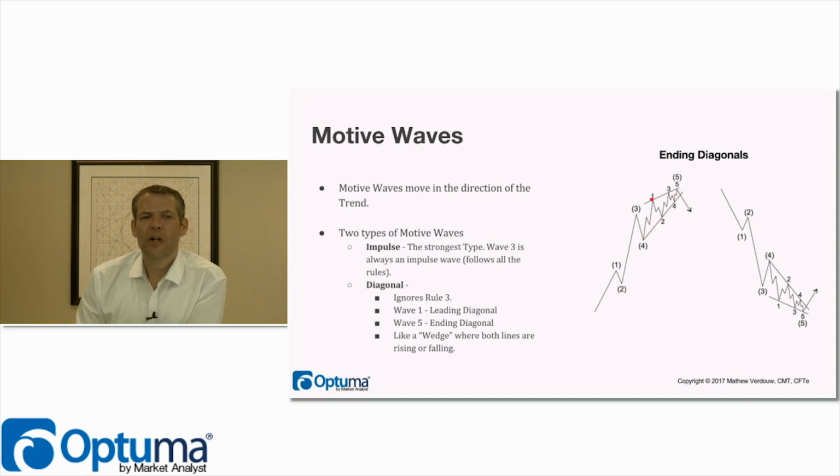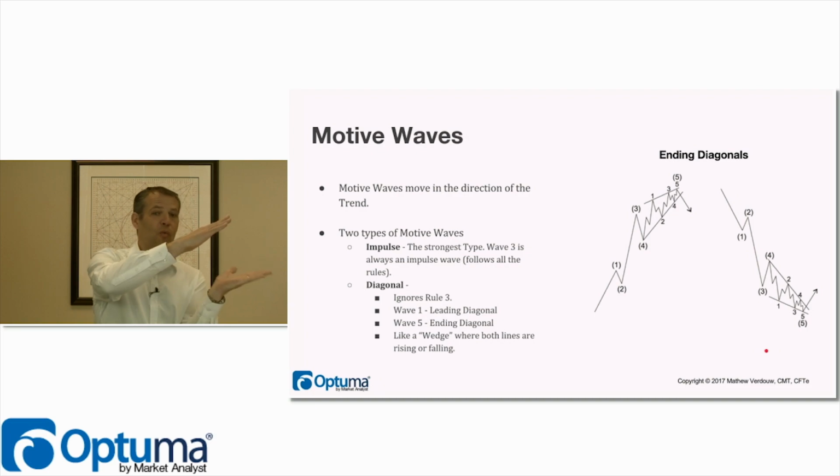Now, we're going to talk a little bit later about triangles, and even myself this morning, I was looking at these saying, how do I tell the difference between an ending diagonal and a triangle, or a triangular correction? The big difference is that you've got to look at these. Remember when we did bar chart patterns, we talked about the wedge? And it was different from triangles because both lines were going in the same direction.